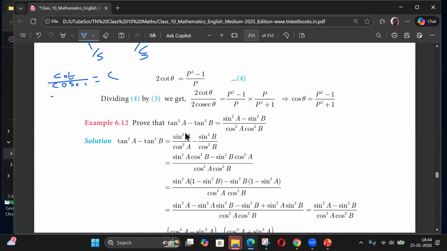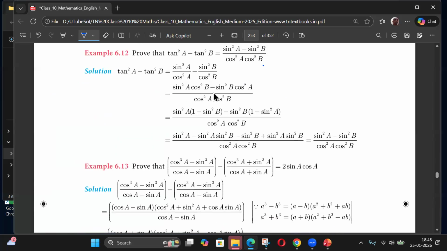This is simple because it's sine square by cos square and sine square by this one. If I cross multiply, I get this one. This sine by cos square and then sine by cos. Just have to cross multiply. So this cos square, I get sine square.